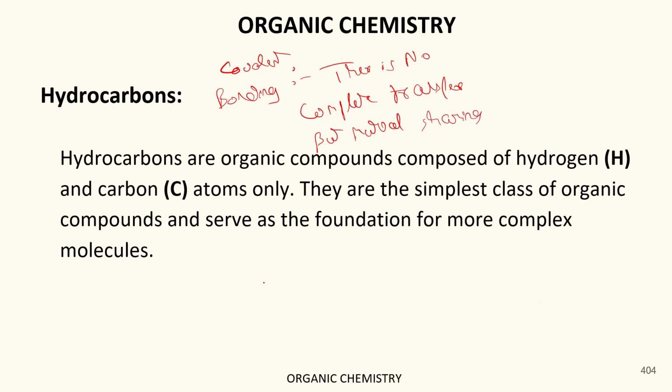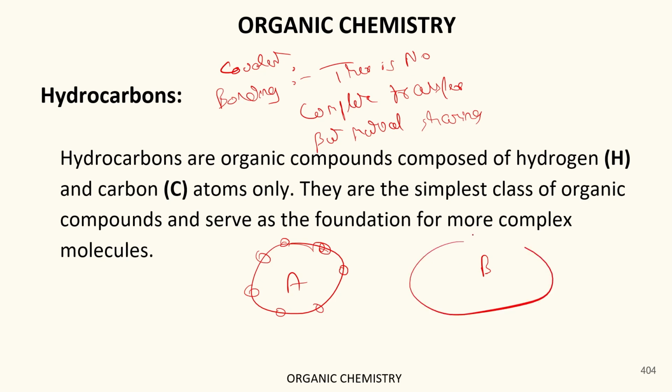For example, we had taken the example of chlorine. Here I am naming the atoms A and B respectively. 1, 2, 3, 4, 5, 6 and 7. Similarly, 1, 2, 3, 4, 5, 6 and 7.